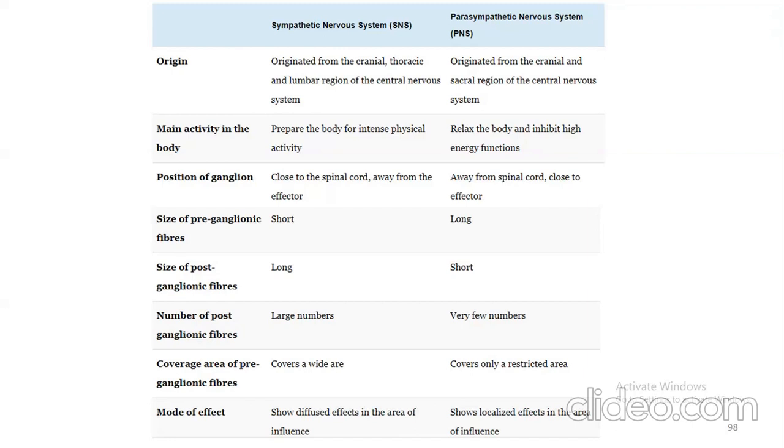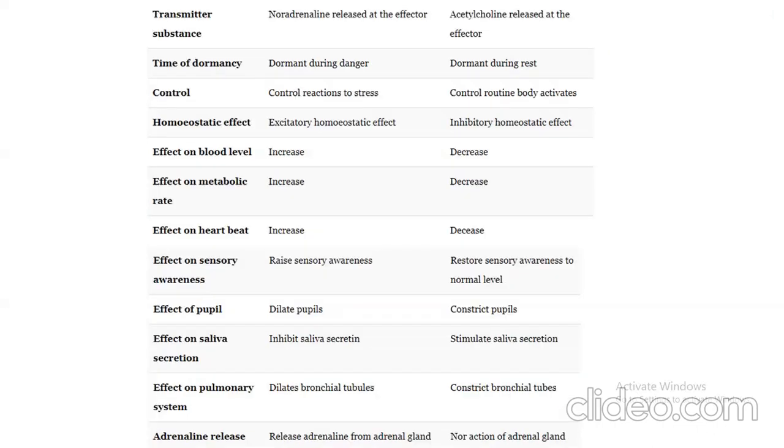Mode of effect: the sympathetic shows diffuse effects in the area of influence, and the parasympathetic shows localized effect in the area of influence. Now, transmitter substances: in the sympathetic, noradrenaline is released at the effector, and in the parasympathetic, acetylcholine is released at the effector.